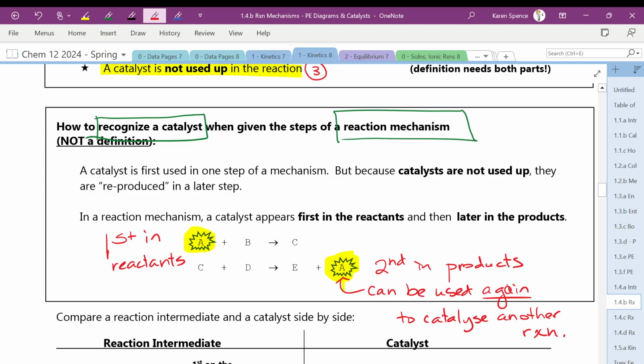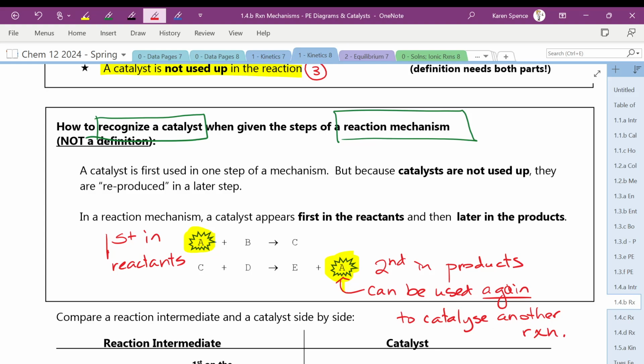Is there like a different way to tell the catalyst versus like a spectator ion? You won't see, like, a spectator ion would be under other circumstances. You're going to be expected to see a catalyst in a mechanism. So you're going to have like step 1, step 2, step 3. You won't be looking for spectator ions in those.